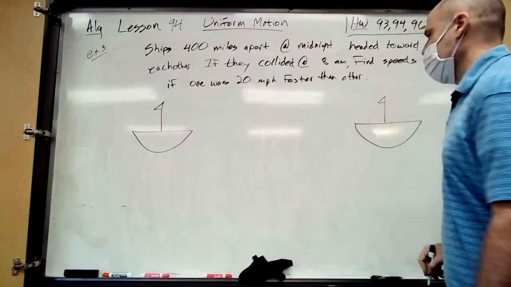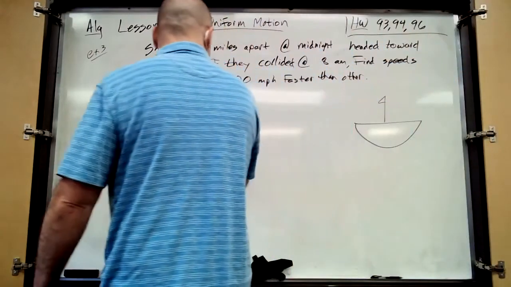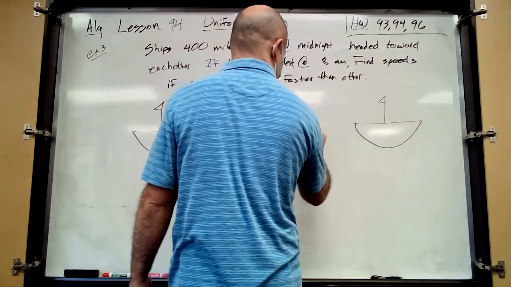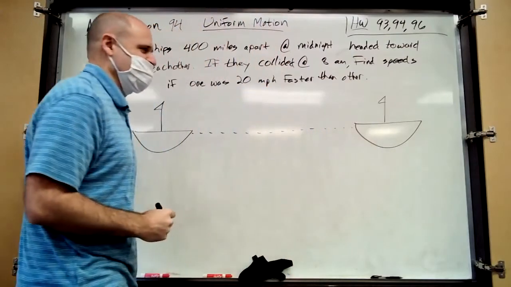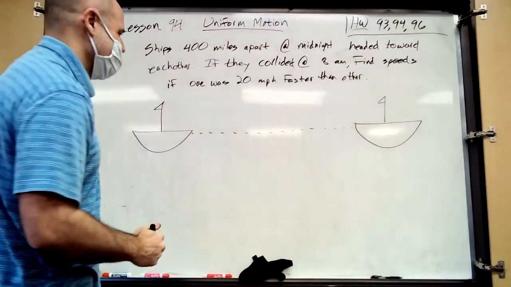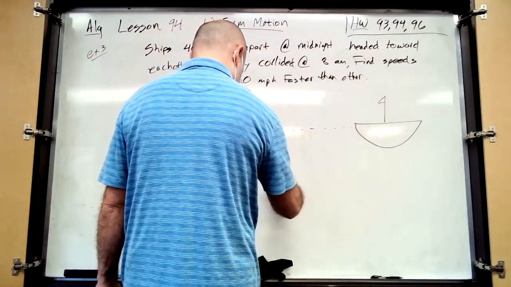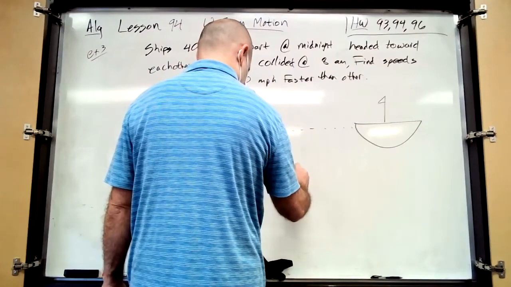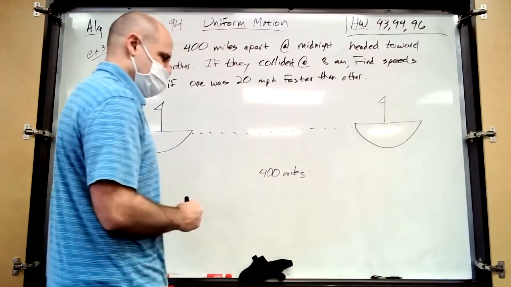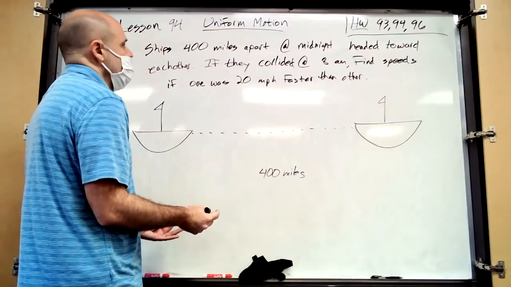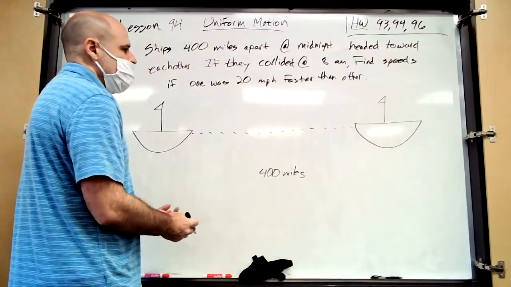RT plus RT. Those are some fast ships. Kind of look like mini putt-putt. So what's their distance? 400 miles apart. And so what's my equation?